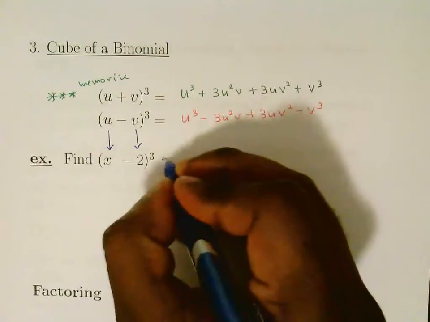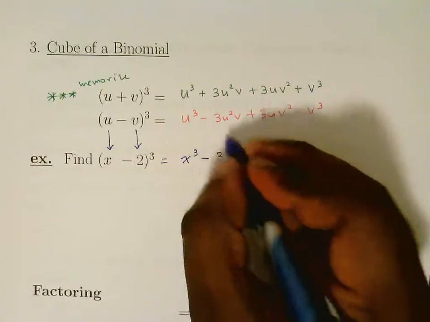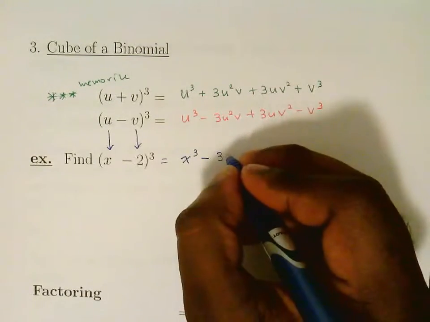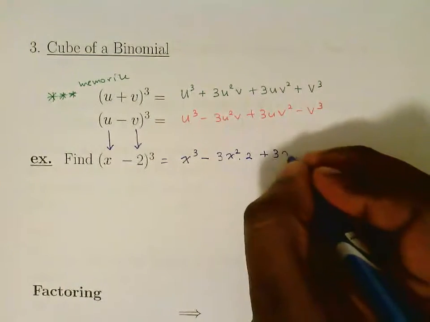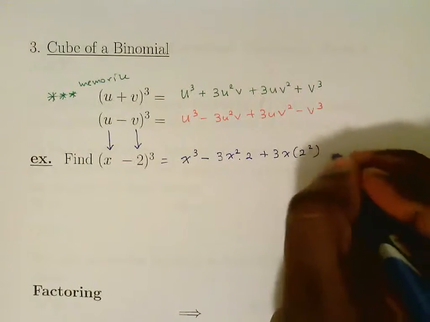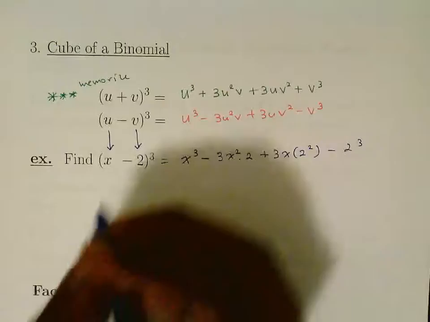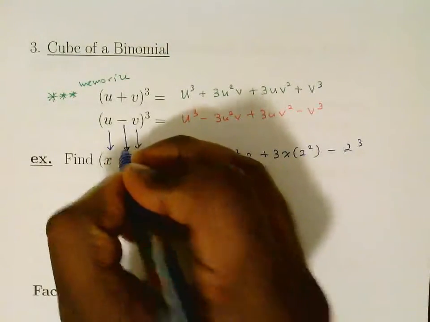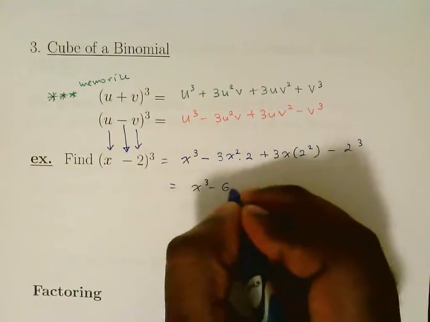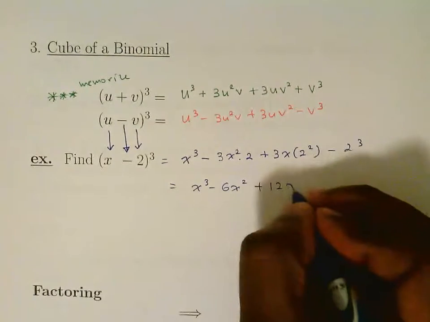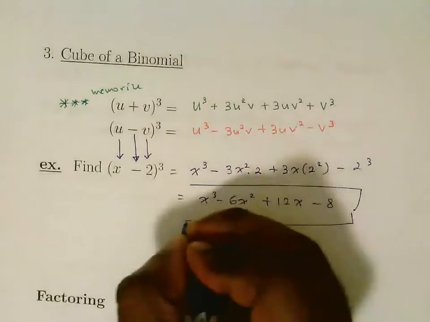Applying the formula, it's x cubed minus 3u squared, that's x squared times 2, plus 3x times 2 squared, minus 2 cubed. The negative sign was originally in the formula. So x cubed minus 6x squared plus 12x minus 8.